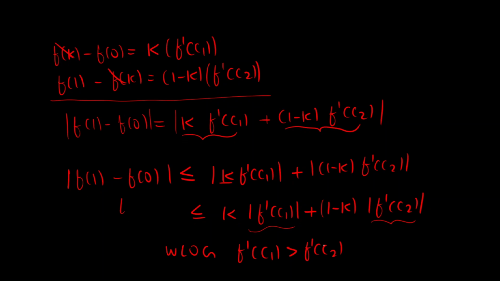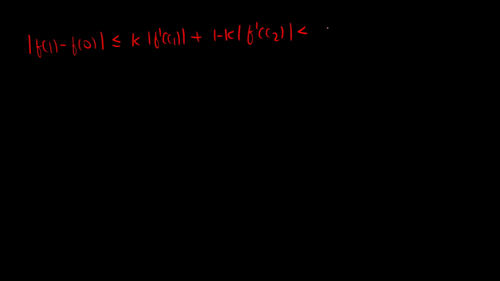Now if I apply this inequality to this, I'll get that mod f of 1 minus f of 0 is less than or equal to k times mod f dash of c1 plus 1 minus k times mod f dash of c2, which is less than mod f dash of c1 times k plus 1 minus k.